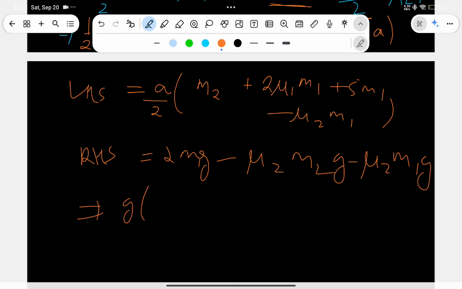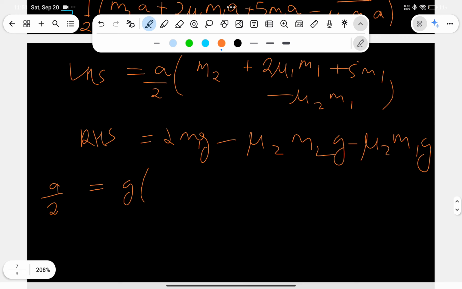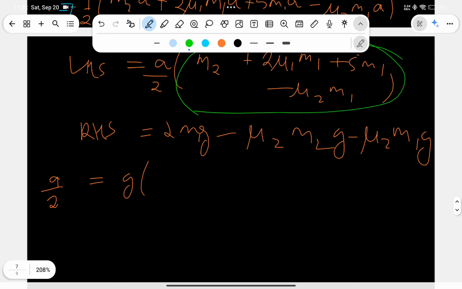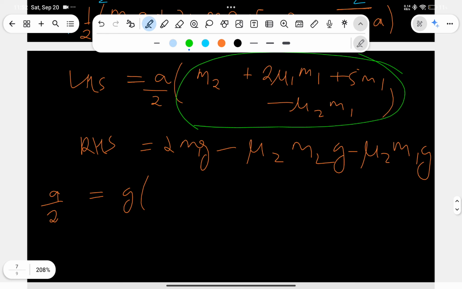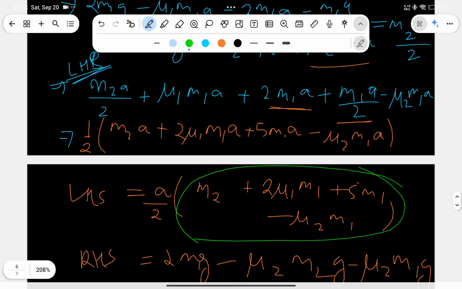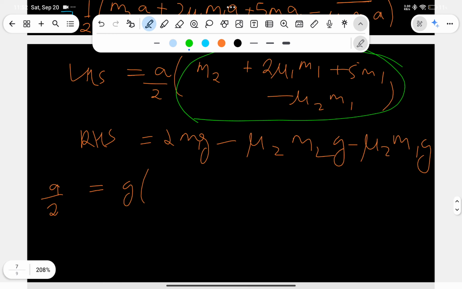taking g common, and let me write side by side that a by 2 is equal to, and this whole expression will go in denominator, right? This whole expression will go in denominator, correct? Yes. Okay, so basically we have 2m1 g minus mu 2 m2.